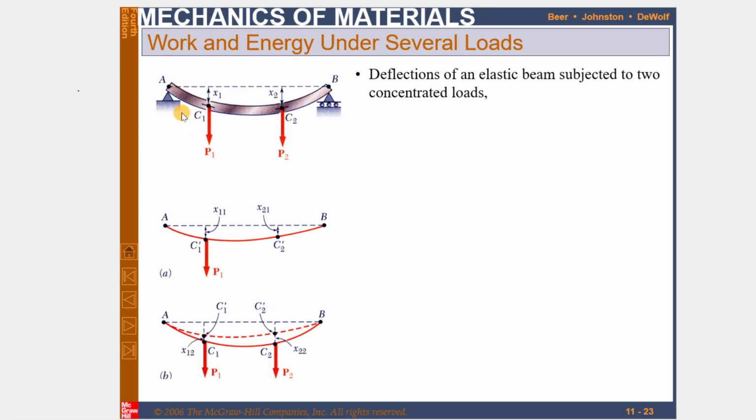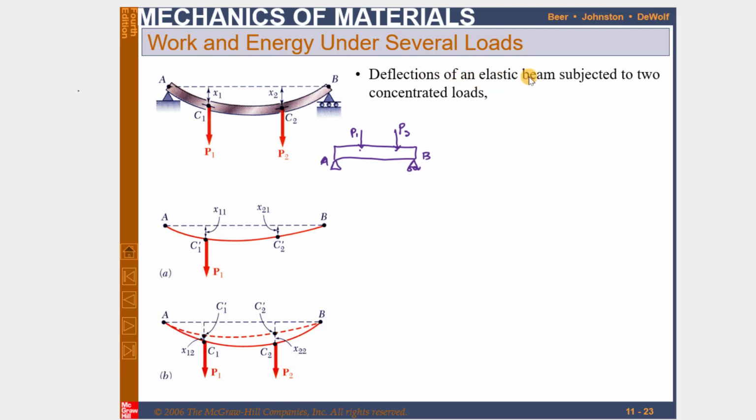So you can see that we have a beam AB, a simply supported beam, with a pin support at A and a rolling support at point B. When you apply more than one concentrated load, let this be P1 and this be P2, applied on the beam, deflection will occur.